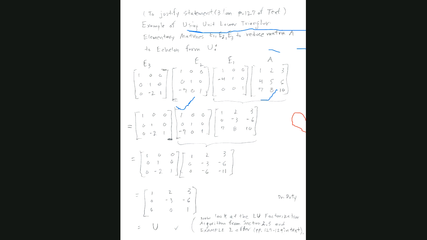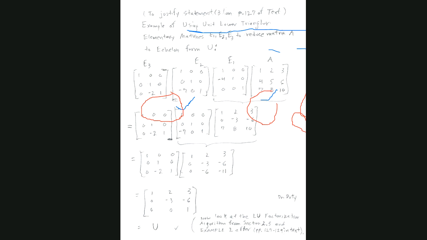What I'm showing here is that by pre-multiplying the matrix A by these 3 unit lower triangular elementary matrices, I'm able to get the matrix A in upper echelon form, or echelon form, but we call that U. Now what we're going to do is look at the LU factorization algorithm from section 2.5, and then an example that shows that in the text.